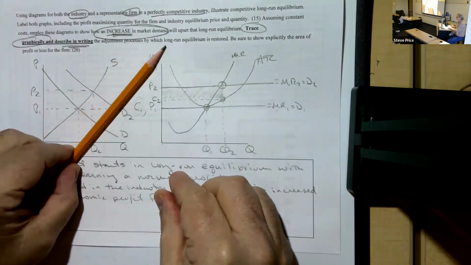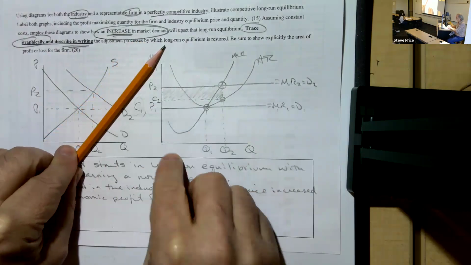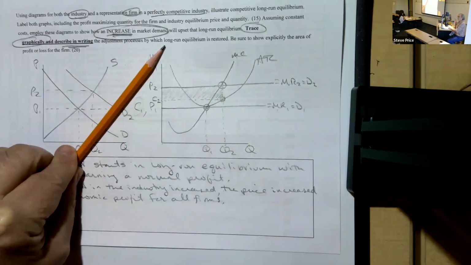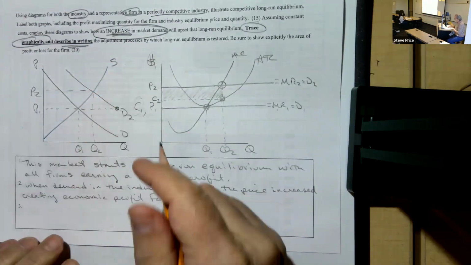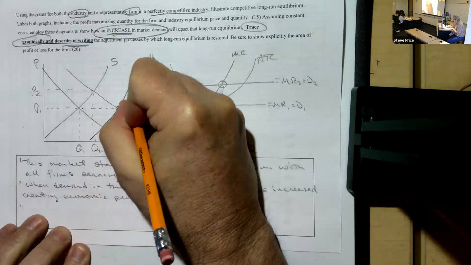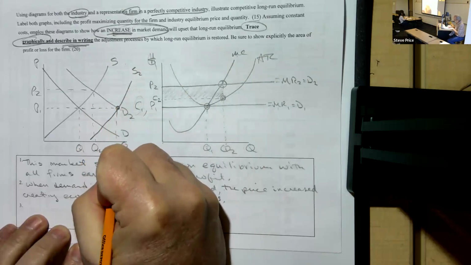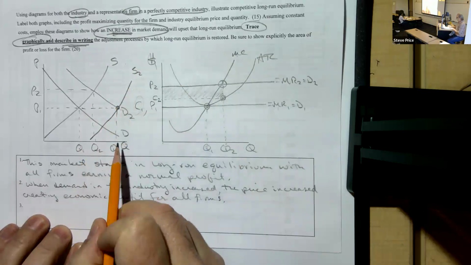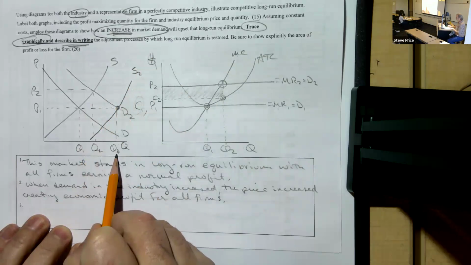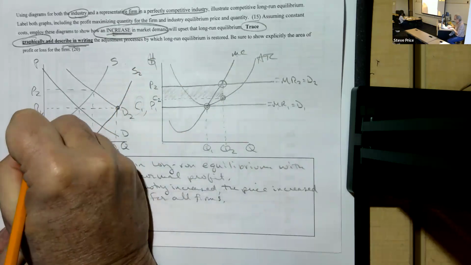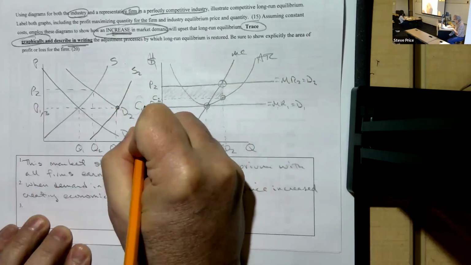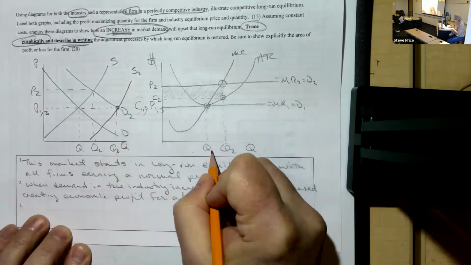And that's the incentive for people to join until you return back down to that initial long run equilibrium spot. So here's our point for our new supply curve. And so now we need to come through and put a 3 in these places where we had 1, because we've returned back to long run equilibrium.